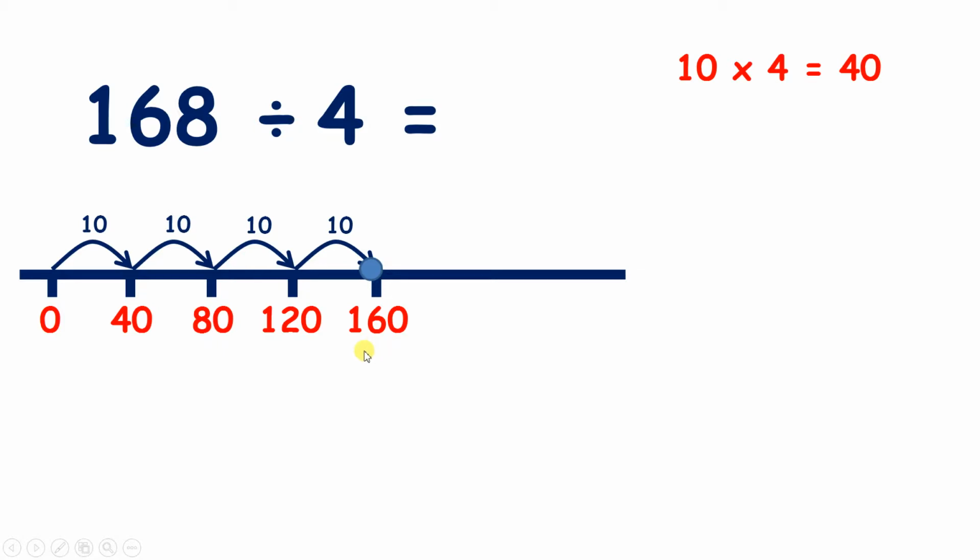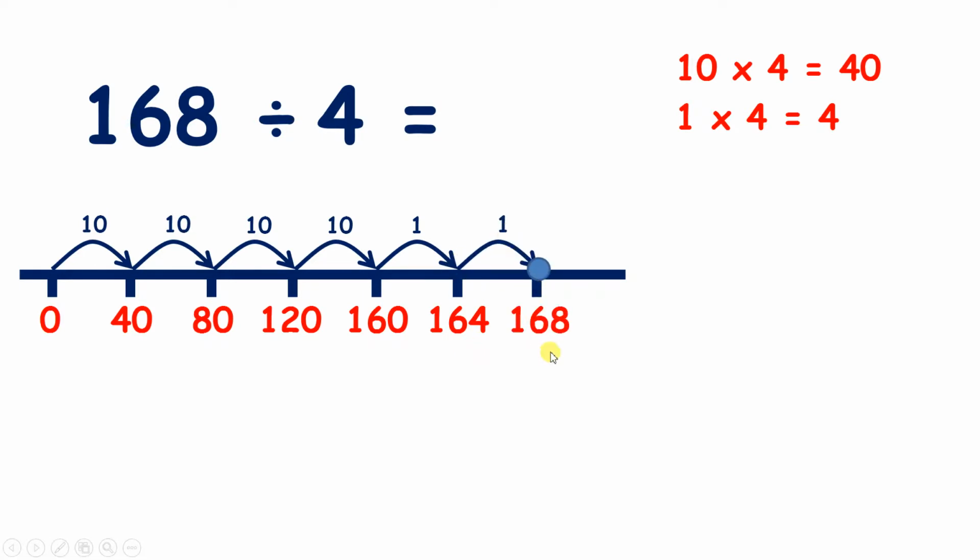And now, rather than counting up in steps of 10 times 4, we can just count up in steps of 4. So 1 four takes us to 164, and another 4 takes us to 168.